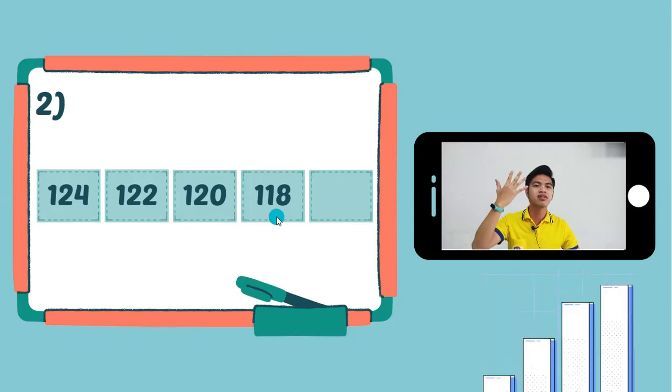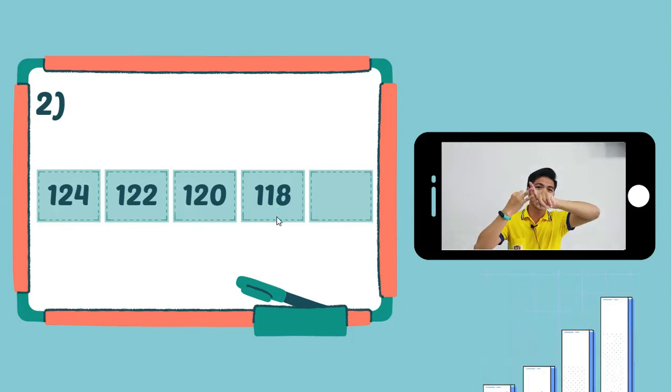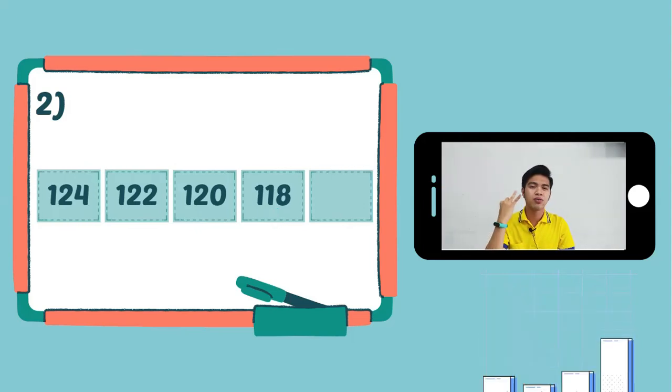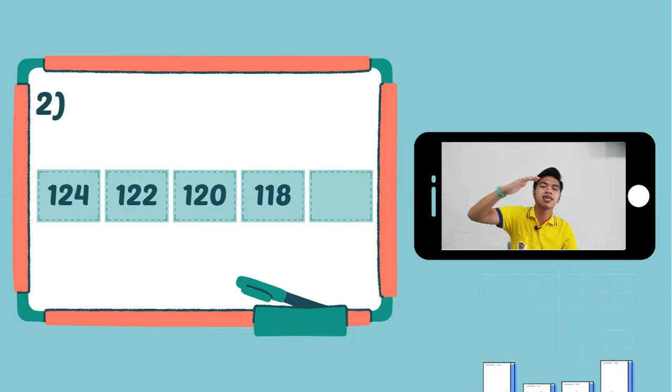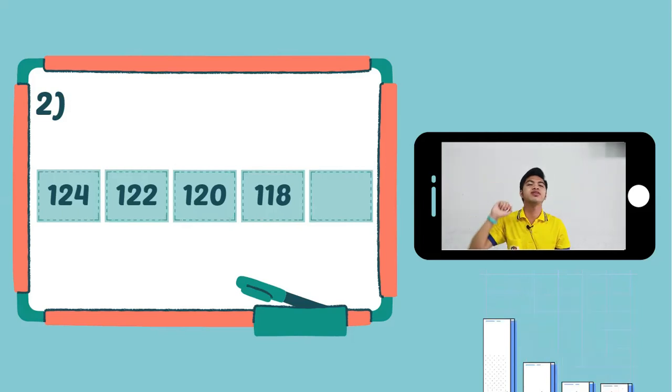Okay, counting down. 120, let's count down. 119, and then 118. So there are 2. Because it is counting down, we're going to subtract. Okay, so 120 minus 118 is equal to 2.